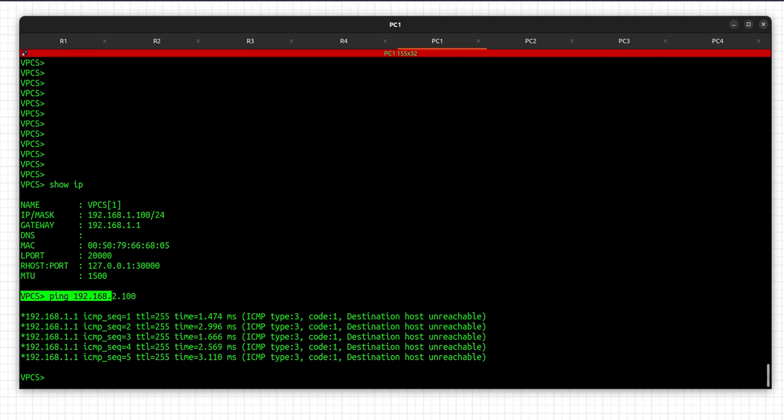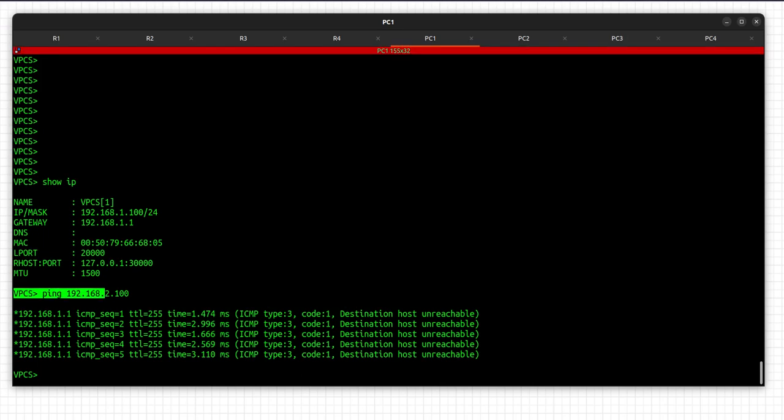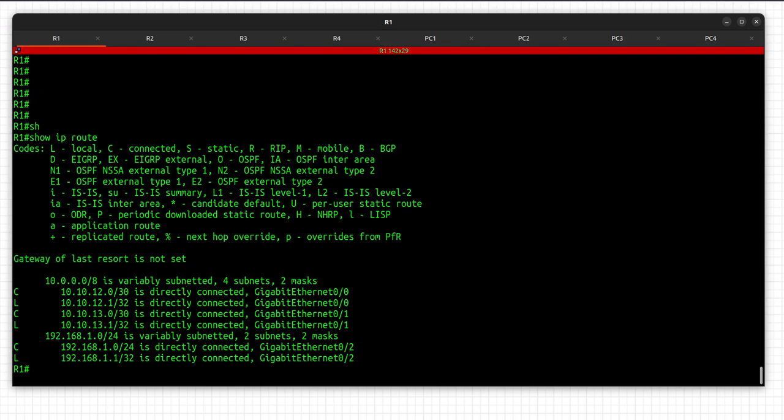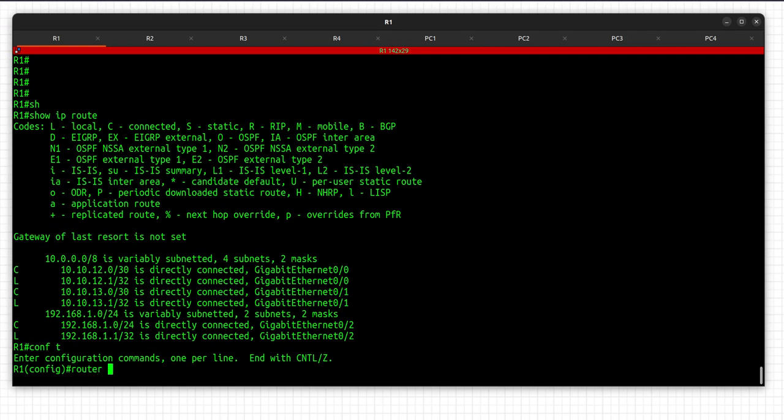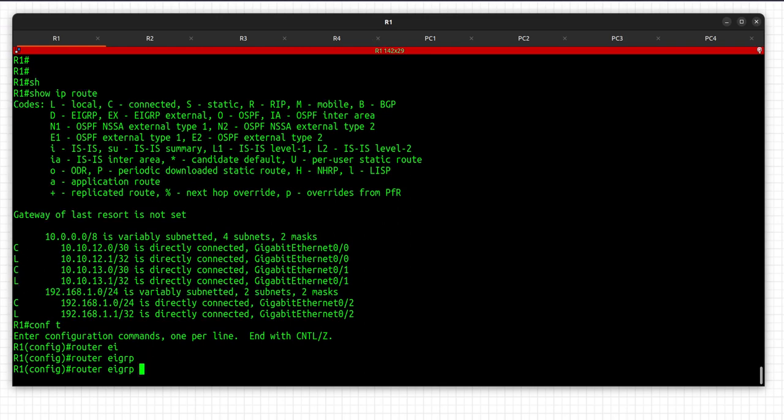So in order to have a fully reachable network, we need to configure a dynamic routing protocol. Let's begin. Let's go to global configuration mode. Let's go to router eigrp autonomous system 100. It's just an autonomous system number that I normally use.